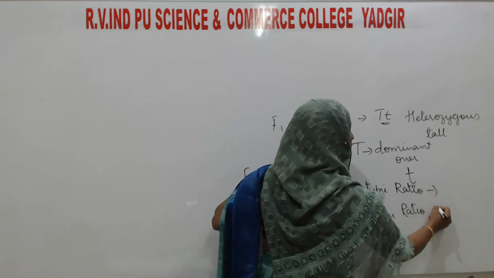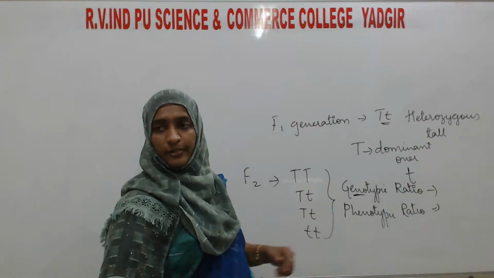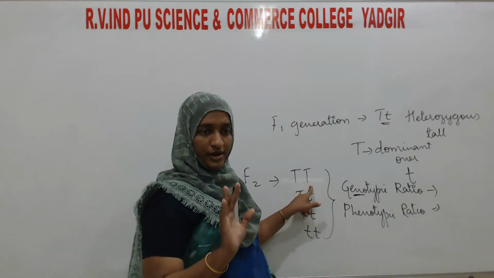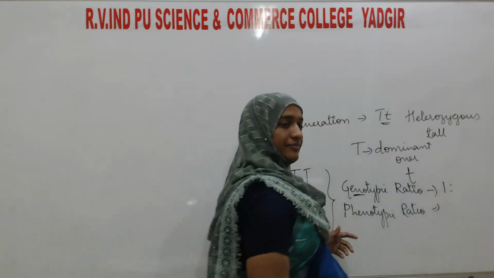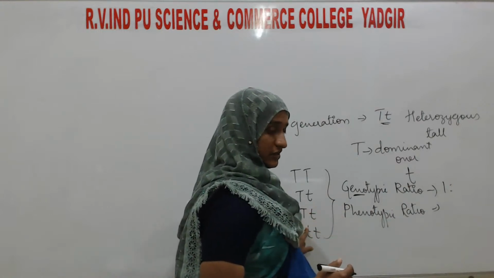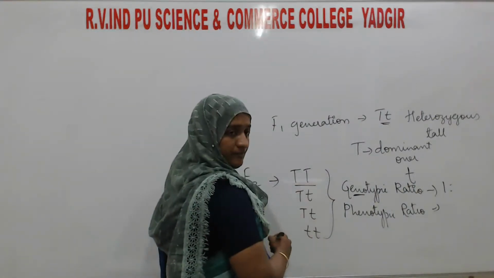What we got? Genotypic. According to the genes, we have to see. Genes means capital T capital T, 1. Capital T, small t. Like this, how many are there? 2 offsprings are there. Only capital T capital T, 1.